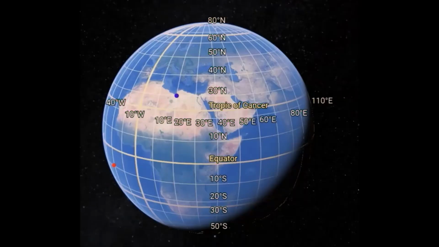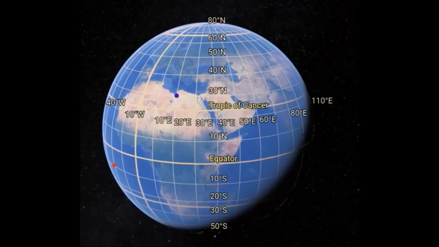Scrolling over, I'm going to stop here. The equator is 0, and I'm going to go down 1, and that's 10 degrees. So that's 10 degrees south.